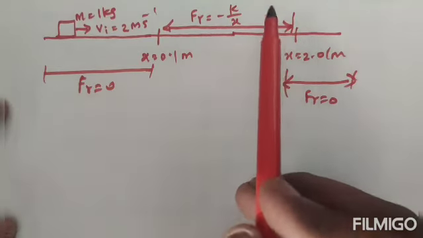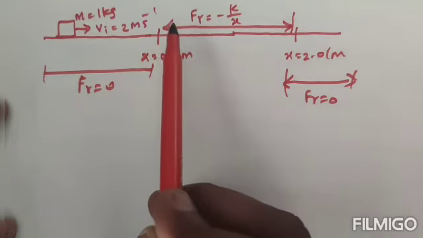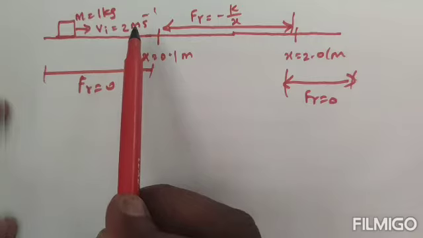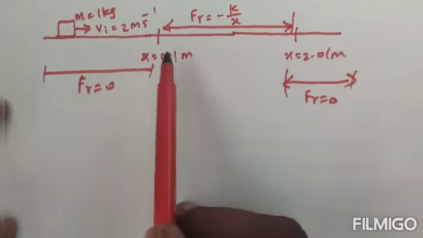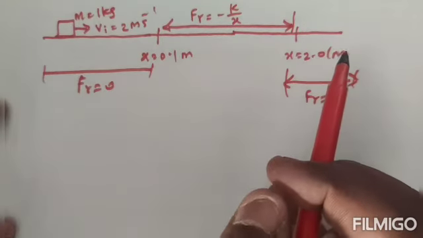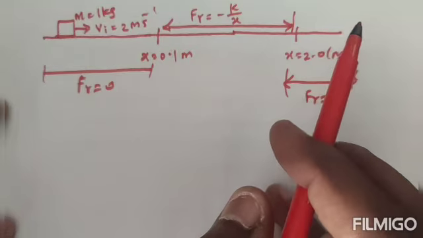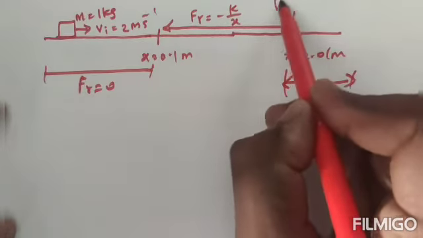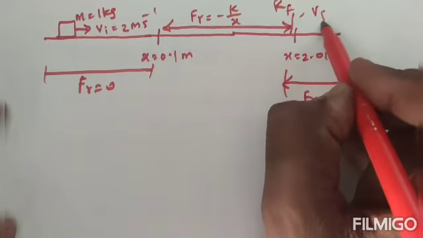So before entering 0.1 meter, its initial velocity is 2 meter per second. While traveling from 0.1 to 2.01 meter, what is its kinetic energy, that is the final kinetic energy, and then what is its final velocity?